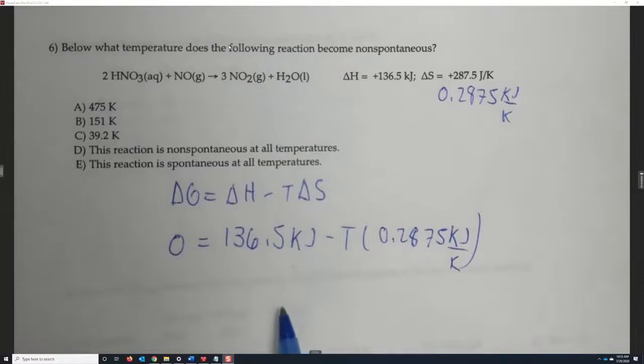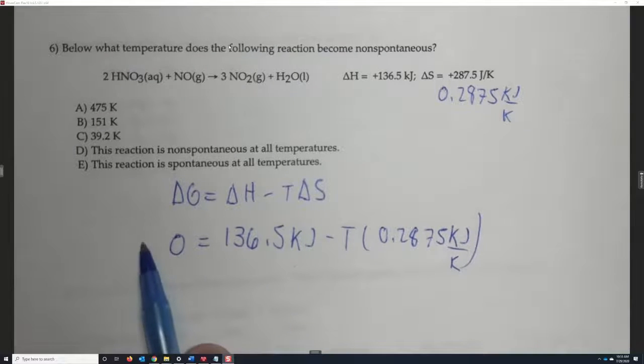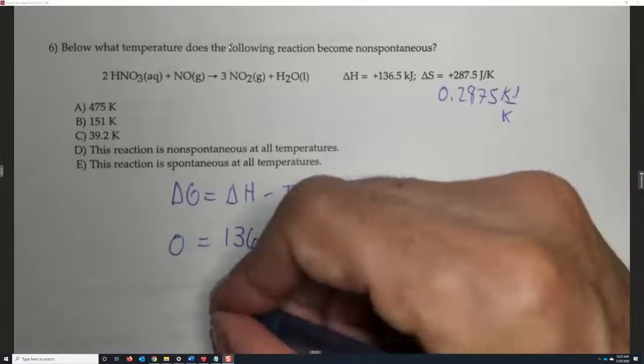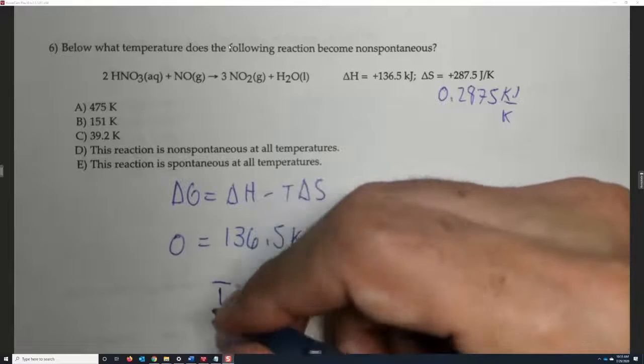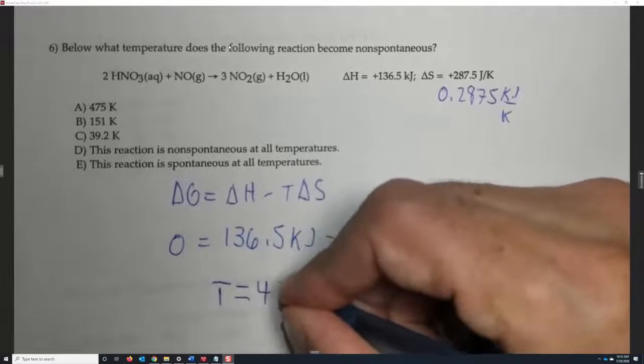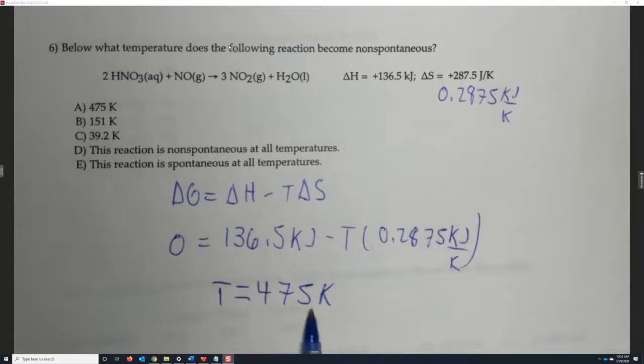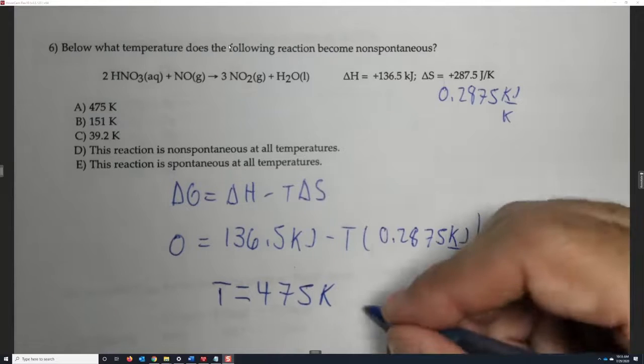What we want to do is take this, subtract it from both sides, and then divide by the negative of this. When we do that, T is equal to 475K. So 475K is the tipping point.